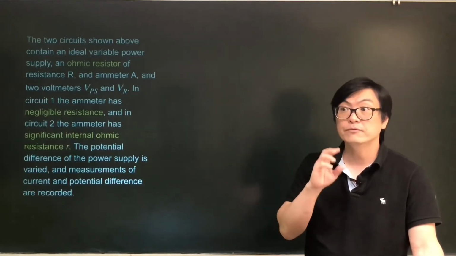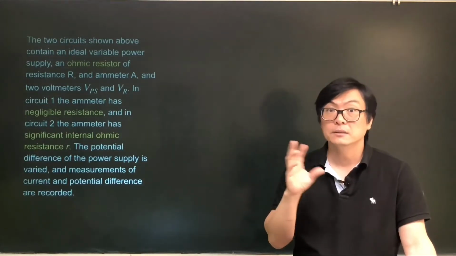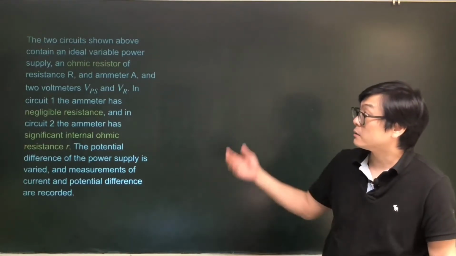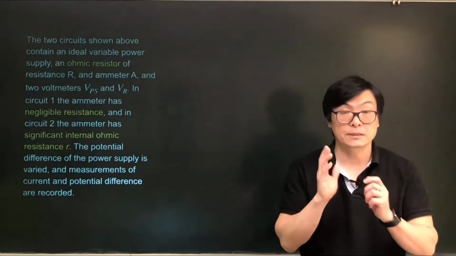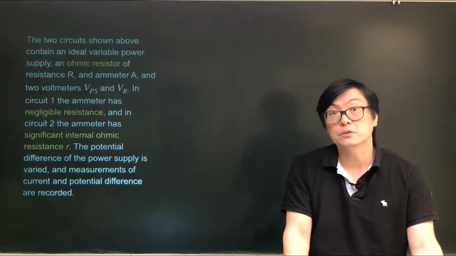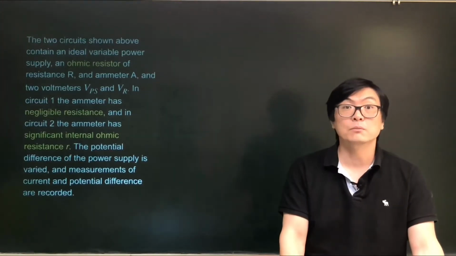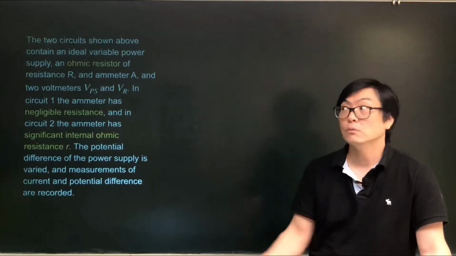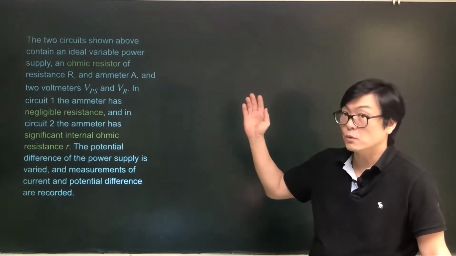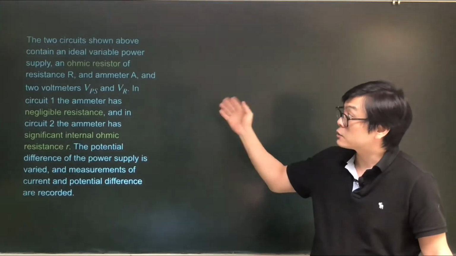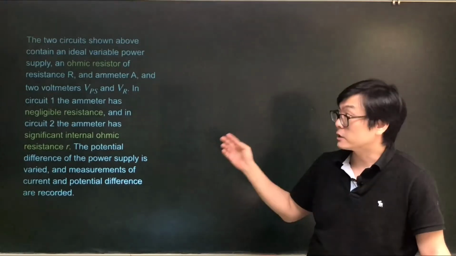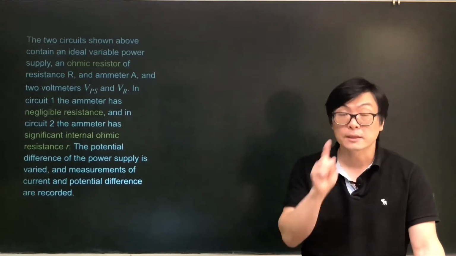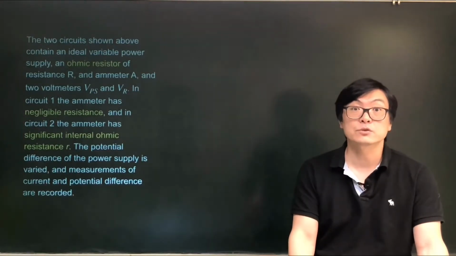So our V equals IR graph will be a linear relation. And this one is about the comparison between circuit 1 and circuit 2. So of course, the most important thing there is the difference between the 2 circuits. So what is the difference here? Circuit 1 has external resistance R only, and circuit 2 has additional internal resistance small r as well. That's the key point of these 2 circuits.